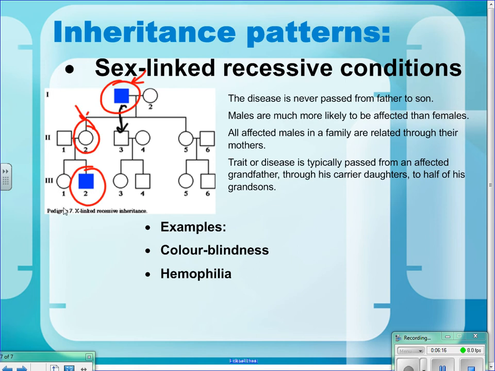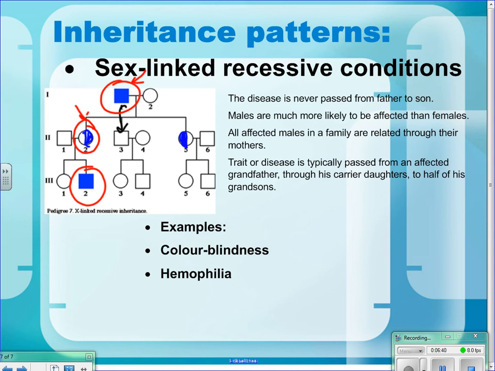Now another thing that this pedigree is missing, but I will include, is that typically with the females, if they're a carrier, they will be half shaded. And that is a good indication that you have a sex-linked trait. I will include the shaded carrier females because that's important to delineate from, say, an autosomal recessive condition.